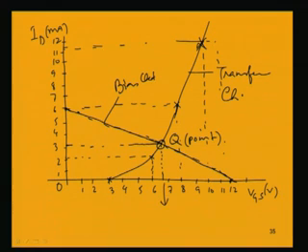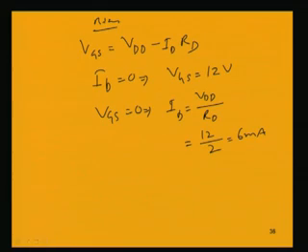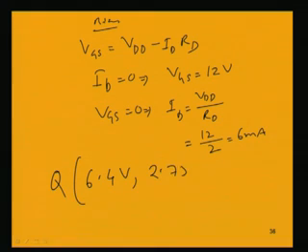This is your VGSQ, this is your IDQ, which will be given by 6.4 volt and 2.75 milliampere. So, we get the Q point as 6.4 volt and 2.75 milliampere.